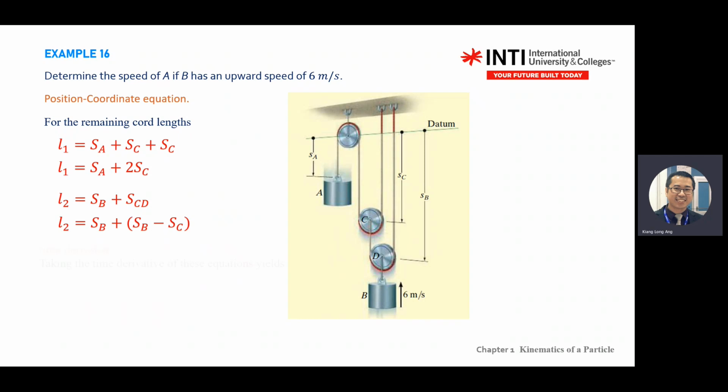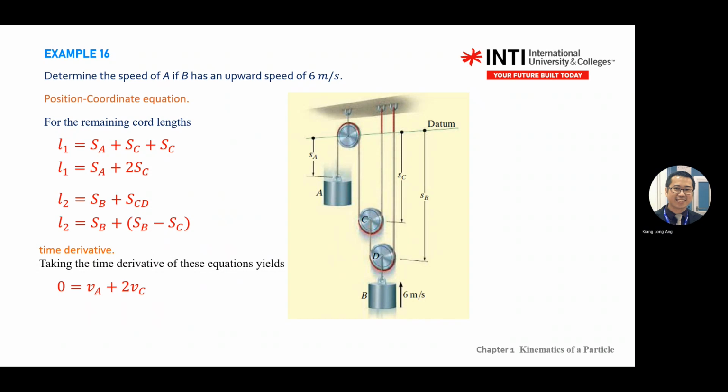All right. So time derivation, the first one, L1 becomes 0, SA becomes VA, SC becomes VC. Second one, what do you get? 0 equal 2 VB minus VC.